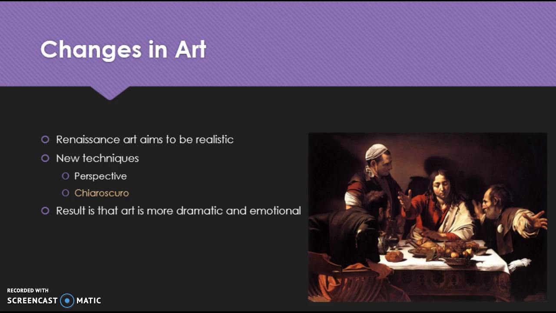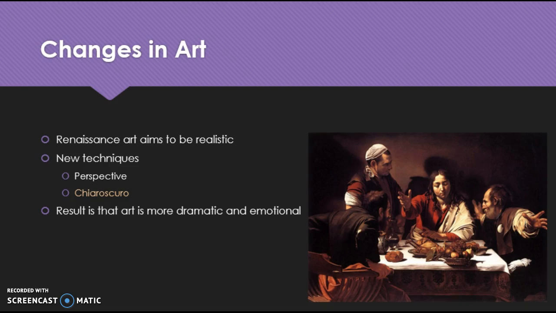Artists had tried to use perspective before, but Renaissance artists perfected it. Using perspective, objects in a scene appear to be at different distances from the viewer. The result is a much more realistic painting. So that's the very first technique, and that's very important to note.